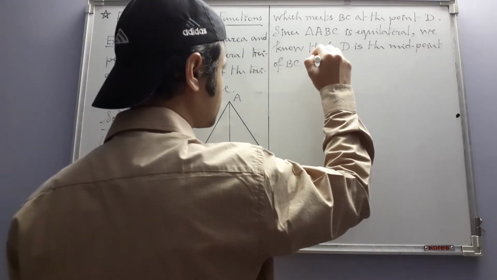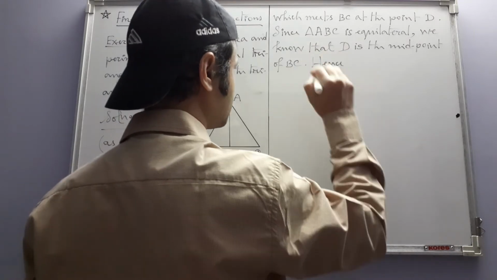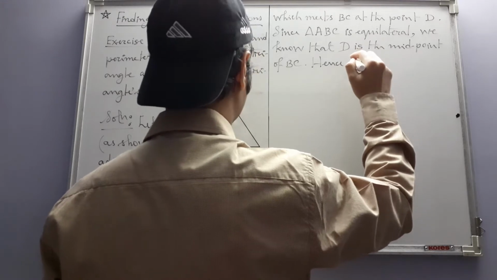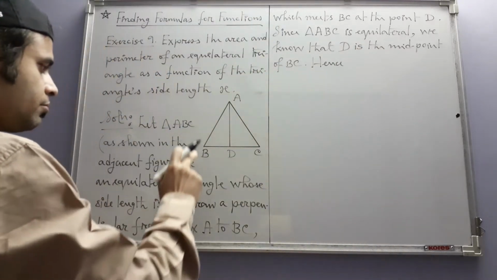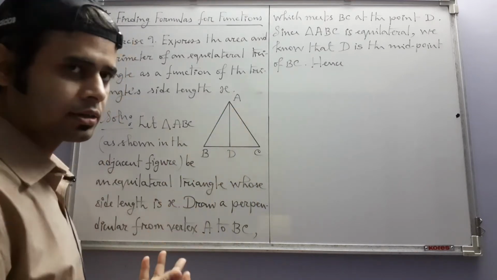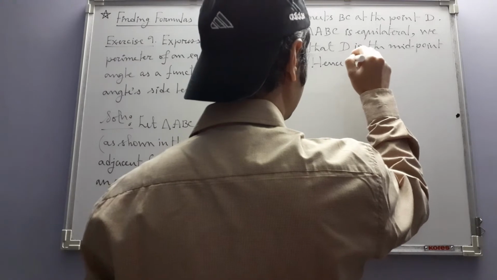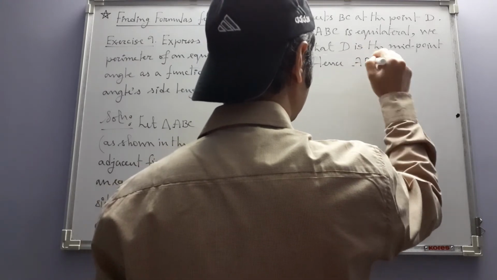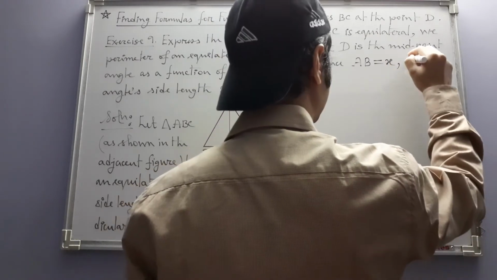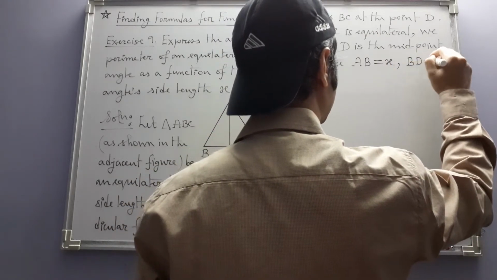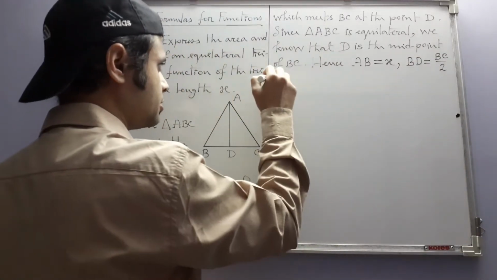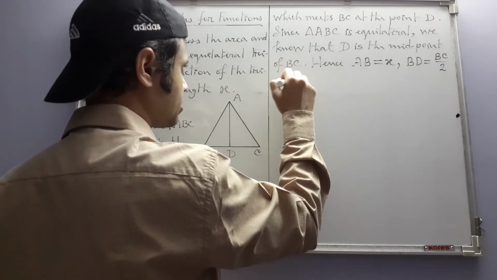Hence, just like BC has length x, AB also has length x. And BD is BC divided by 2 because D is the midpoint of BC, and that is x by 2.